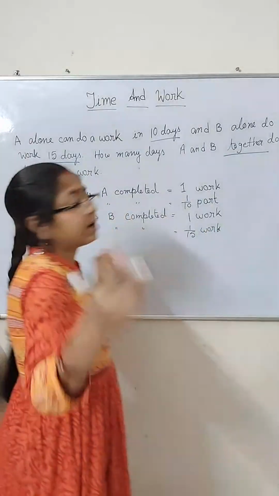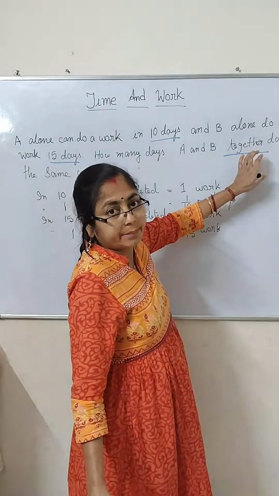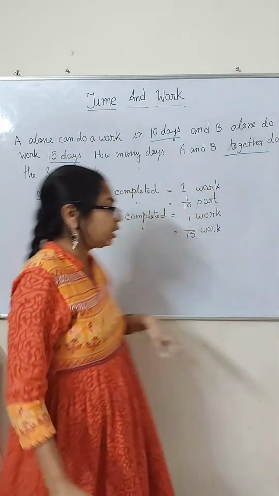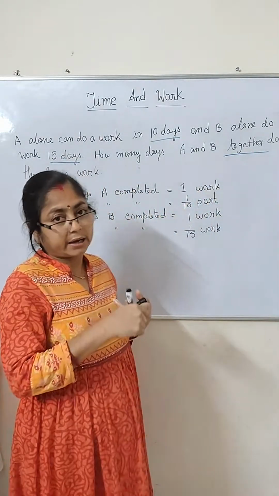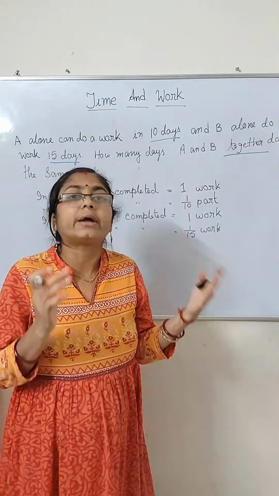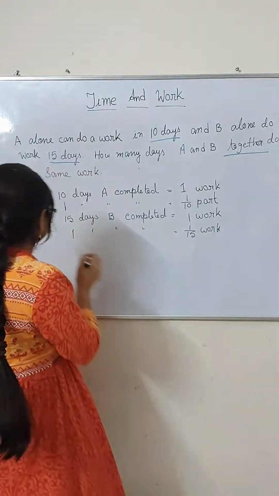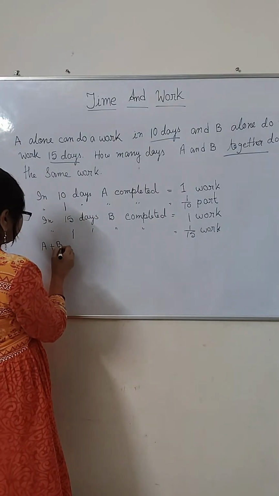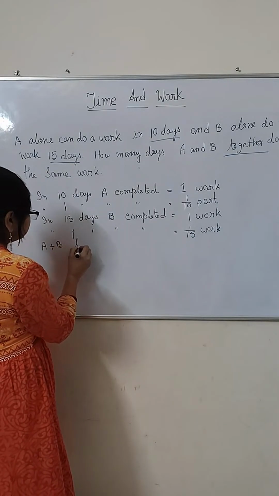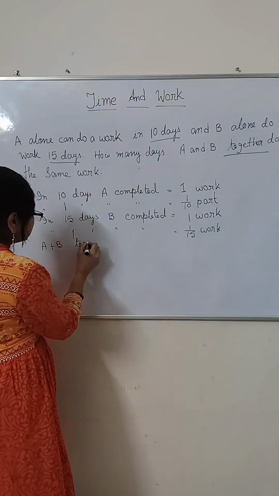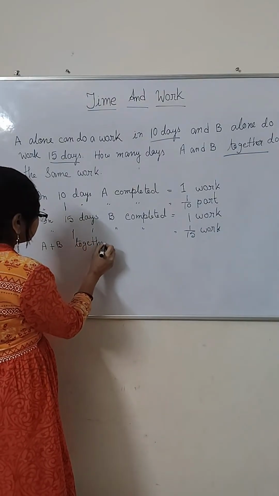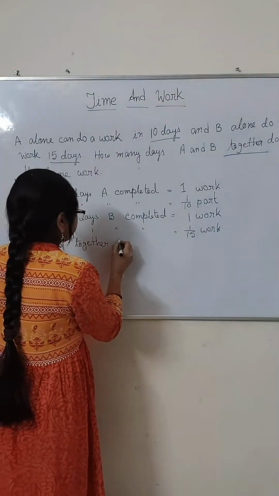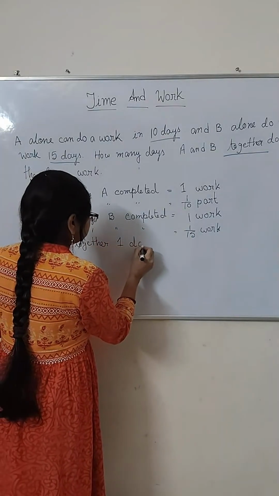Next, what is our third condition? A and B together do the work. So in 1 day, how much part do A and B together do? First you find out this one. A plus B together in one day.